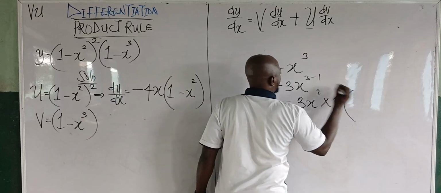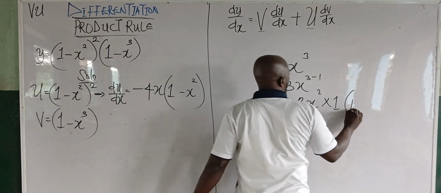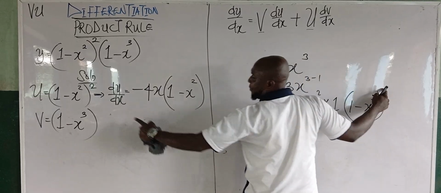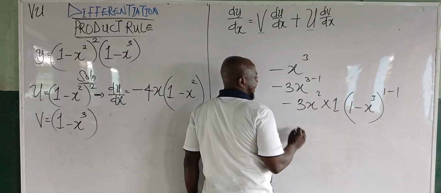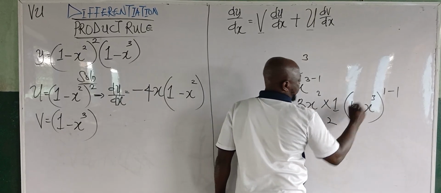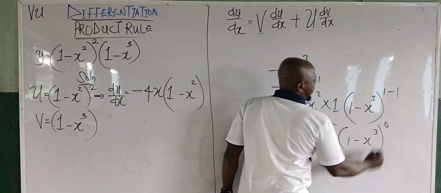And then repeat the bracket, which is 1 minus x cubed. And then that power 1 is what we have here. Remove 1 from that. So multiply this one now. I'm having 3x squared. I'm having (1 minus x cubed) all raised to the power of 0.